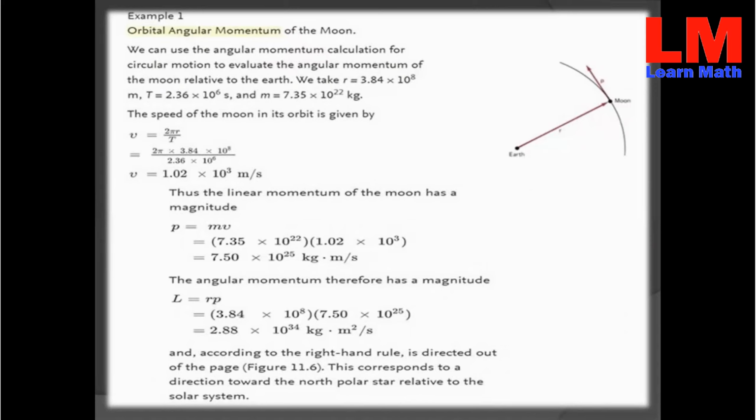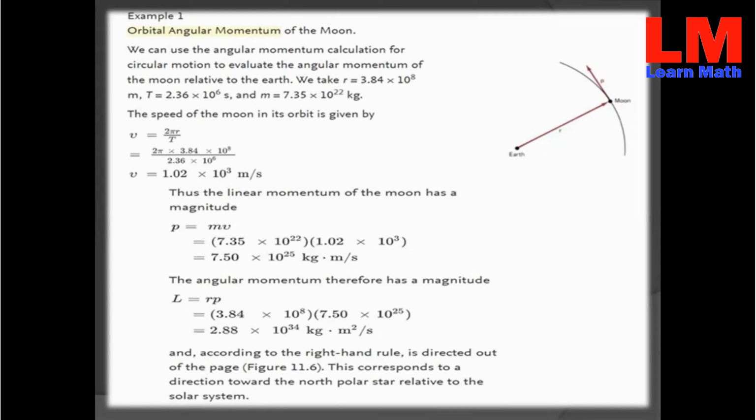We can use the angular momentum calculation for circular motion to evaluate the angular momentum of the moon relative to the earth. We take the radius between earth and the moon as 3.84 times 10 raised to power 8, T equal to 2.36 times 10 raised to power 6 s, and m equal to 7.35 times 10 raised to power 22 kg.